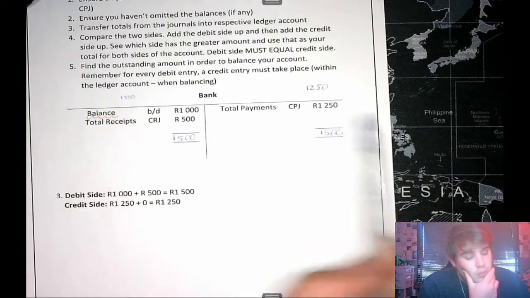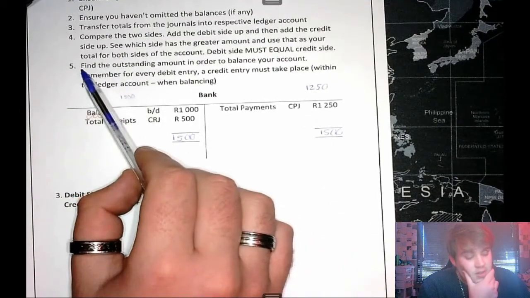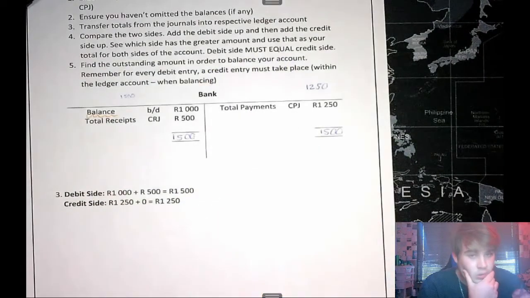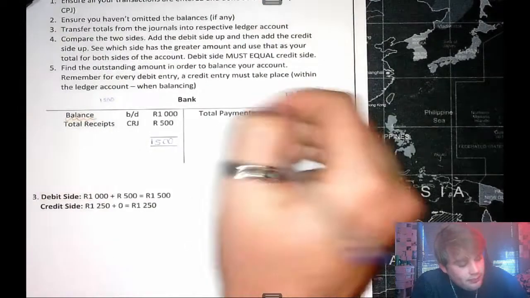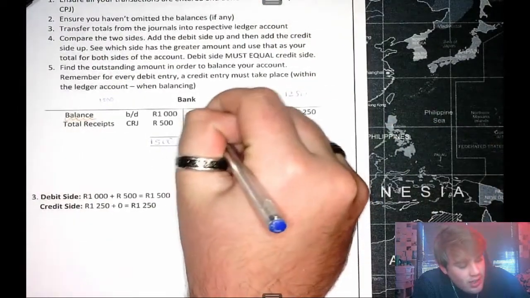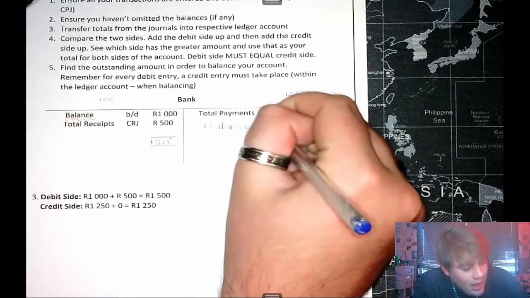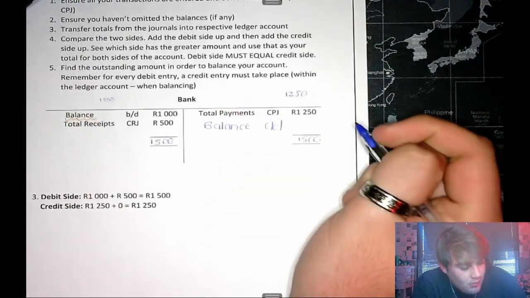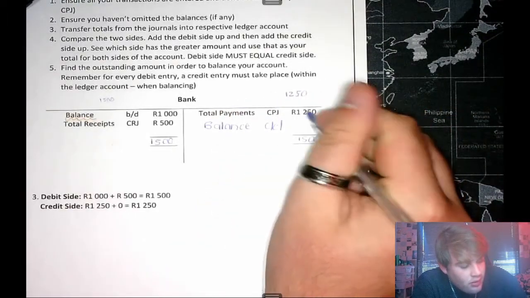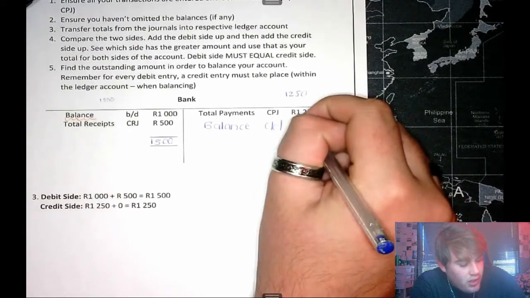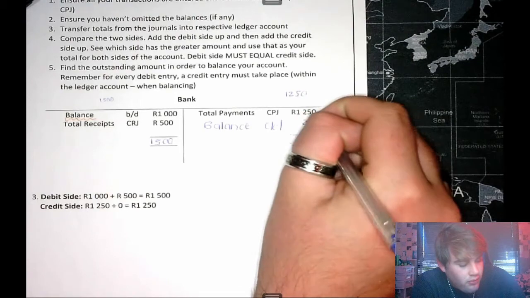So we need to go over to step 5 to find the outstanding amount in order to ensure that we balance our account. This would be known as our balance that we would carry down for the next month. 1500 subtract 1250 is of course 250 rand.